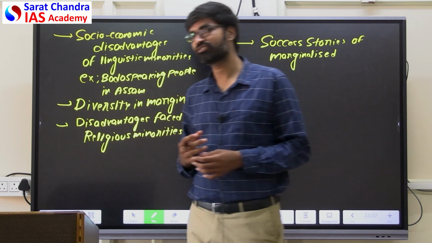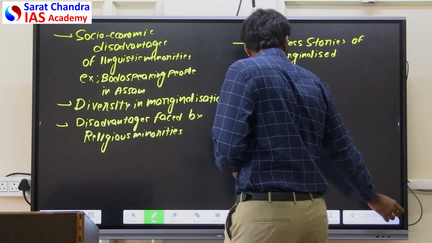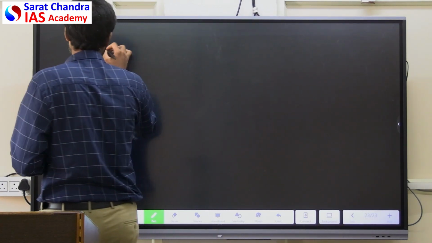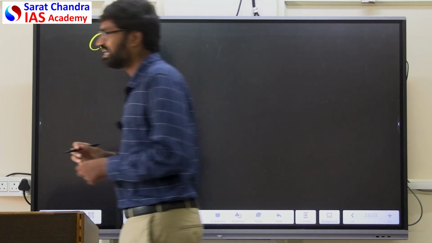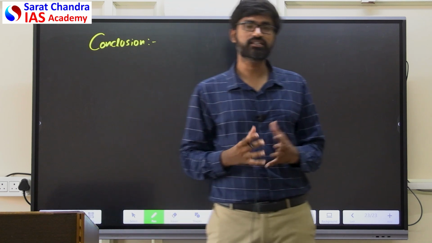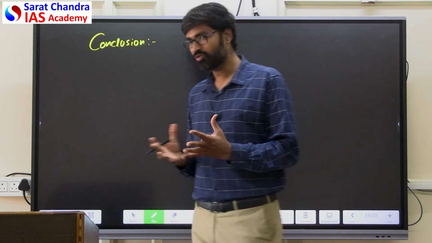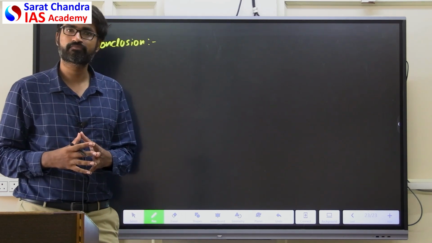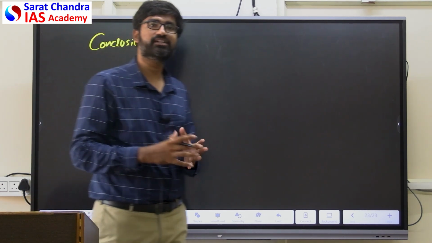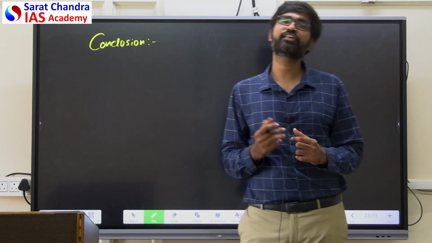Now, how can you conclude these sort of answers? When you write the conclusion, say India is a diverse country. Even though India is a diverse country, regional disparities exist in India, and along with them, social disparities also exist.